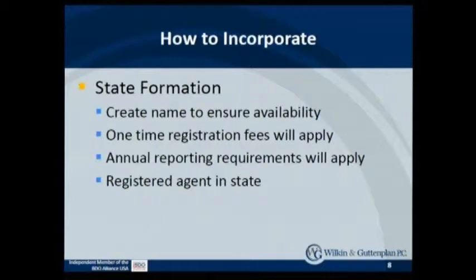Now, what will happen is if you're formed in a state, if that's the state that you're operating in, so if you form in New Jersey and you're based in New Jersey, then everything's easy. If you're formed in one state, say Delaware, but your operations are in a different state or in multiple states, you have to go to the Secretary of State of each state and do what they call be authorized to do business in that state as a foreign corporation.